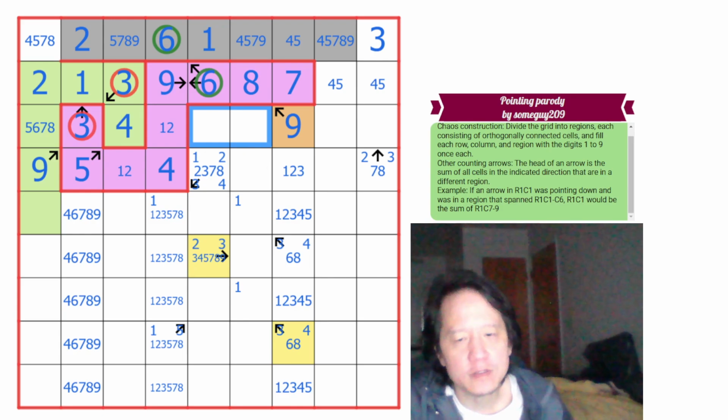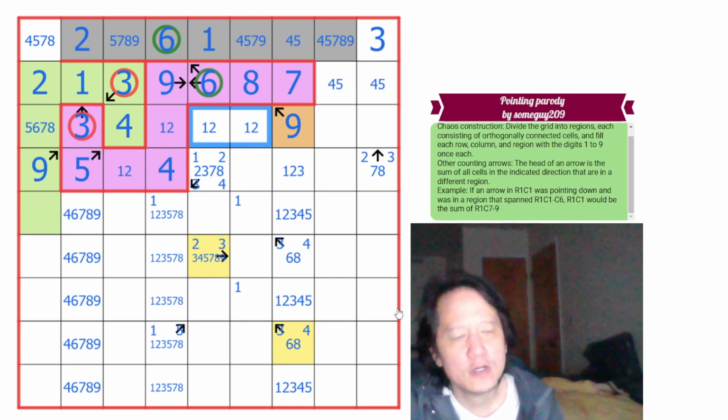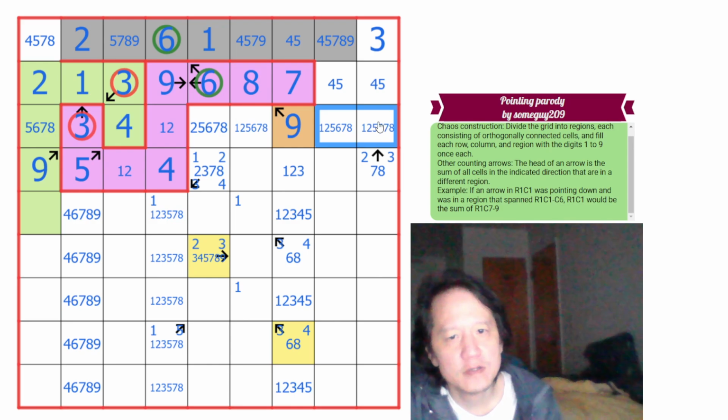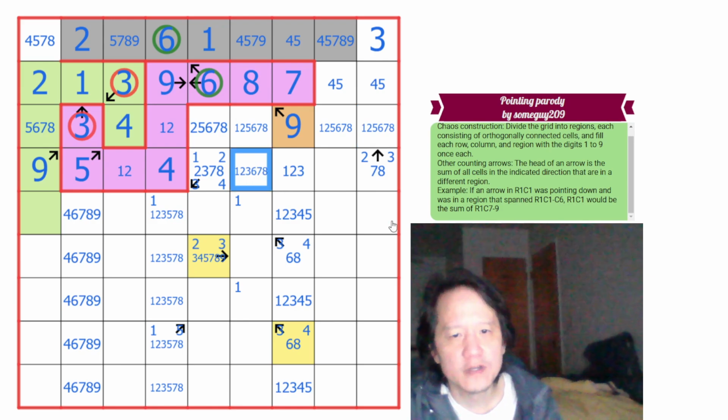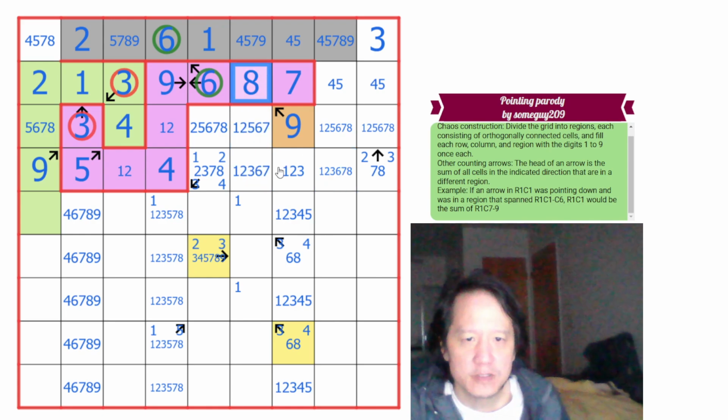Okay, let's do this. This is 1, 2, 5, 6, 7, 8. So this can't be 1. This is 1, 2, 5, 6, 7, 8. We have 1, 2, 3, 6, 7, 8. So obviously these two can't be 8 because of this 8.